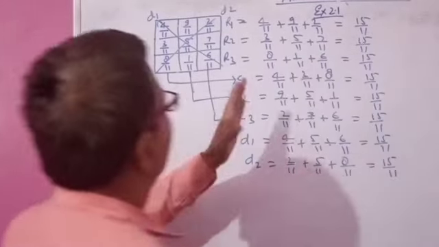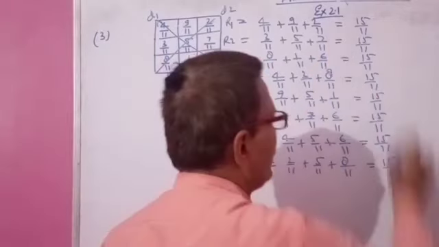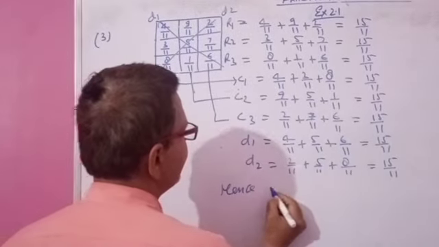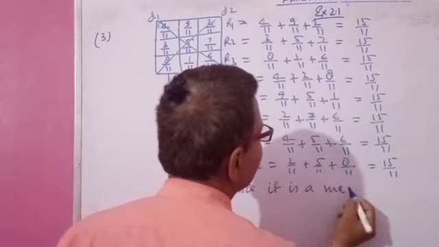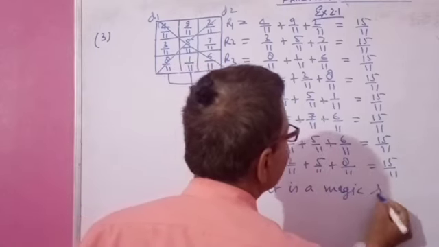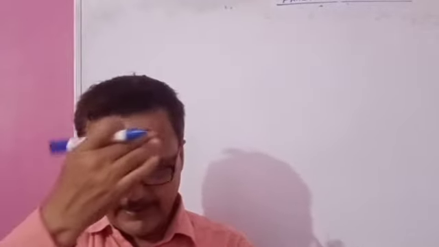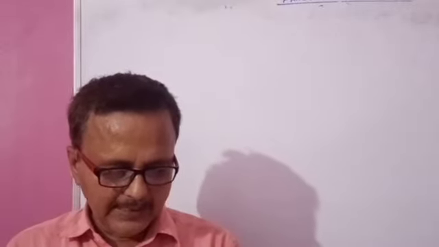Now you are seeing the sum of the rows, columns and diagonals is the same, 15 upon 11. Hence it is a magic square.